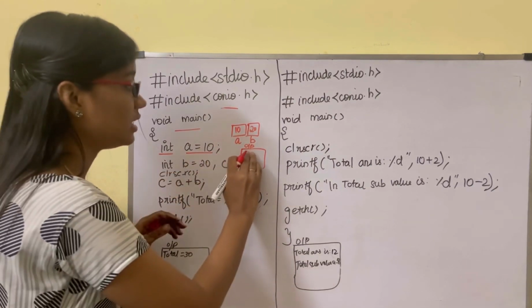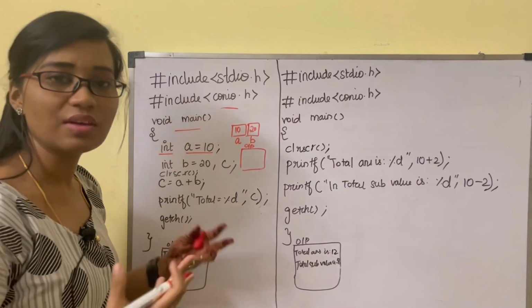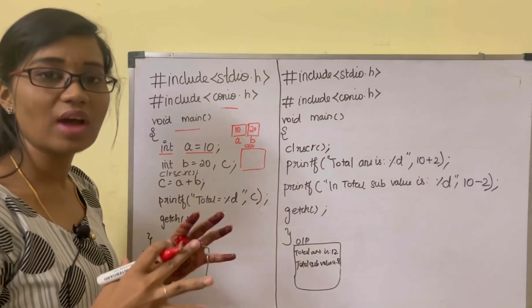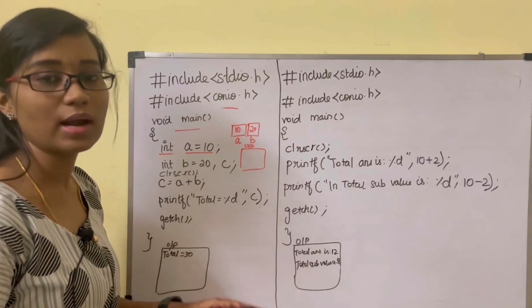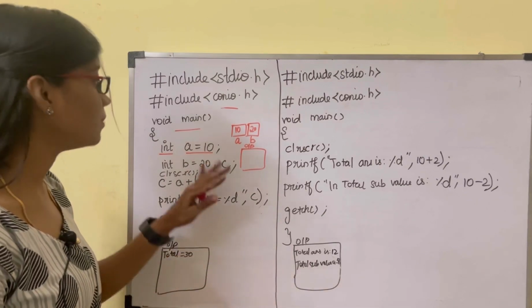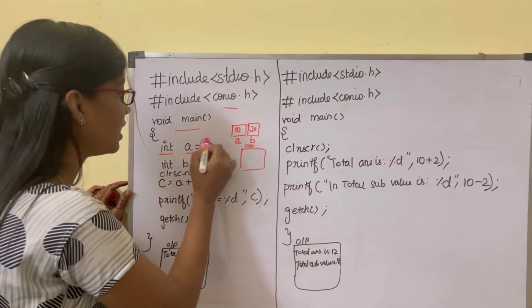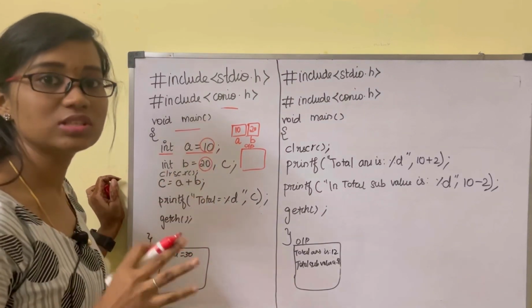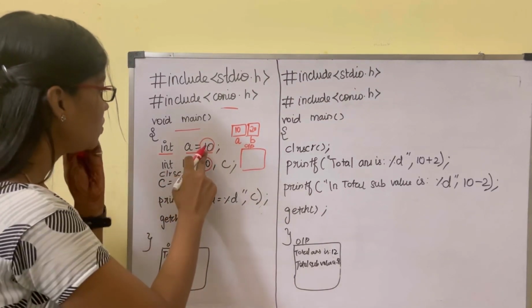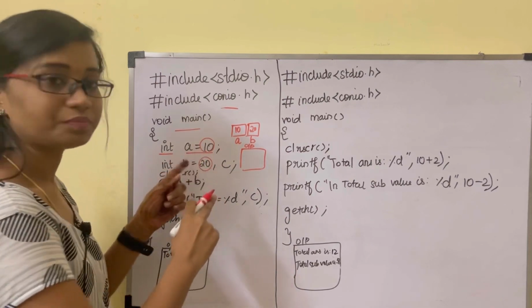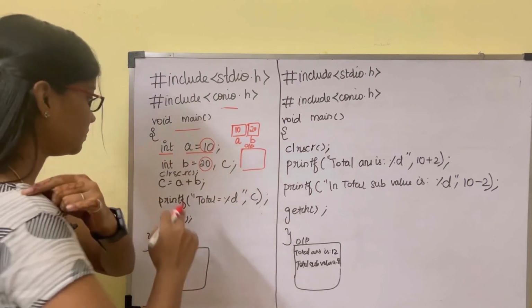While it is asking to enter a value, if I don't want to give 10, I can give 20 also. Whatever value I want to give at that moment, I can change. But this whole program is just going to be for 10 and 20 alone. We cannot change the values. So this is the drawback of giving constant values.